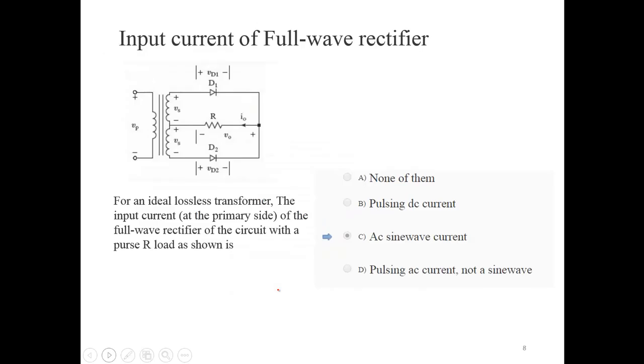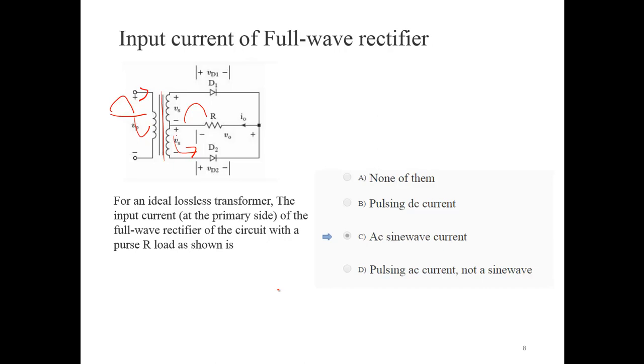The input current of a rectifier, if you're looking for the input current, what is happening to it? Look at the input current, we are looking at the input side. If this is an ideal transformer and this is a half sine wave, that will be a half sine wave too. If this is a sine current here, flowing in the opposite direction, there will be another sine current coming on the other side too.